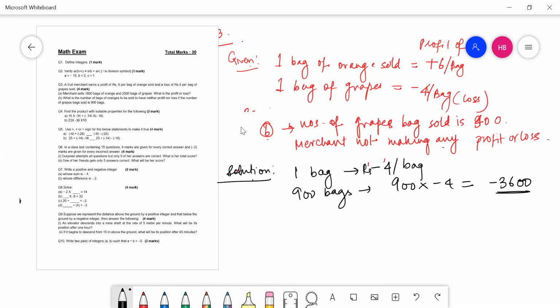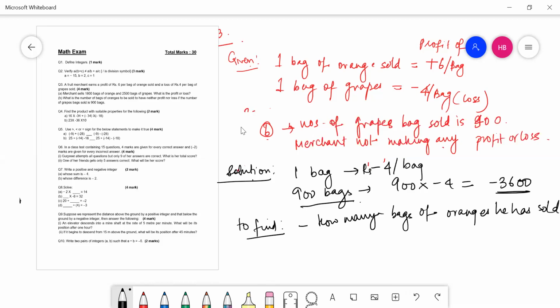So this much loss he is making by selling 900 bags. To make no loss or profit, what do we have to find in this question? I have to find how many bags of oranges he has sold. This we have to find.